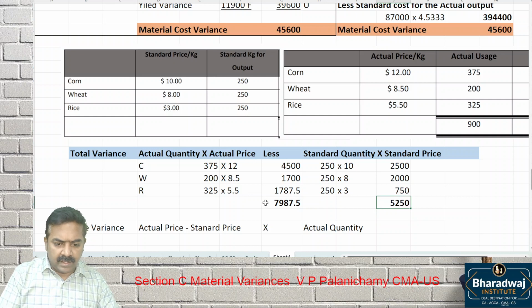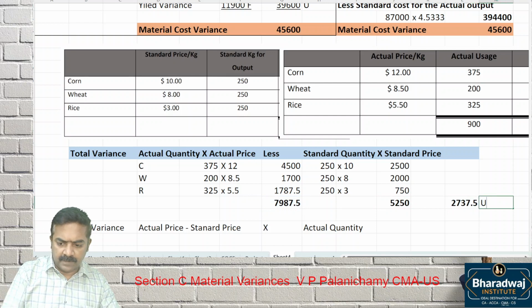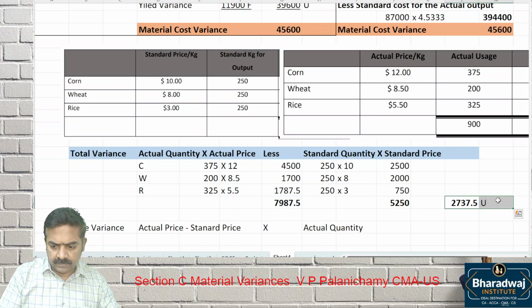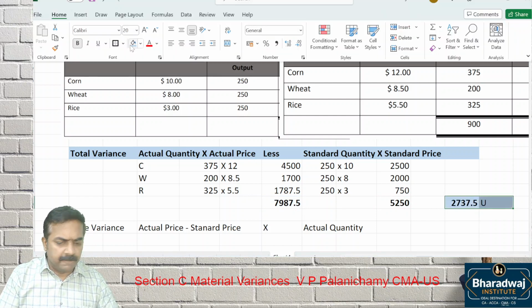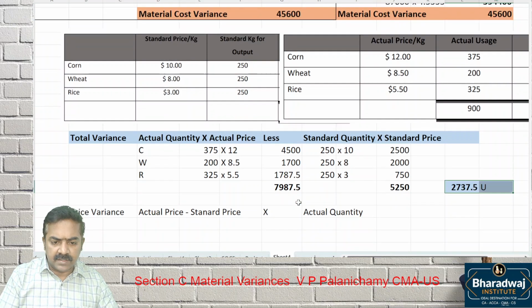See, this is the actual cost. This is a standard cost. The difference is unfavorable. Why unfavorable? Because we spent more. Unfavorable. This model you can apply for IMA for calculating variances.